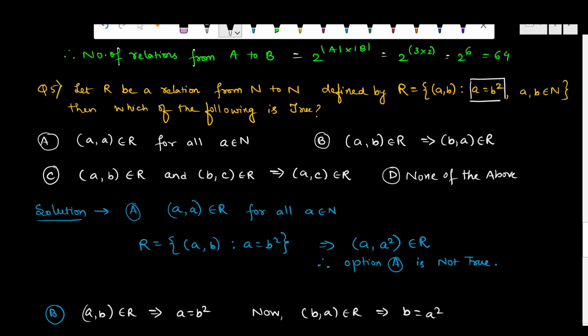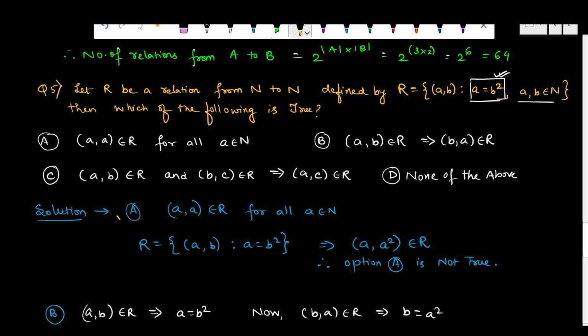All those pairs which satisfy this condition will come in R, where a, b belong to natural numbers. Then which one of the following is true, right? So we have to check all the 4 options.